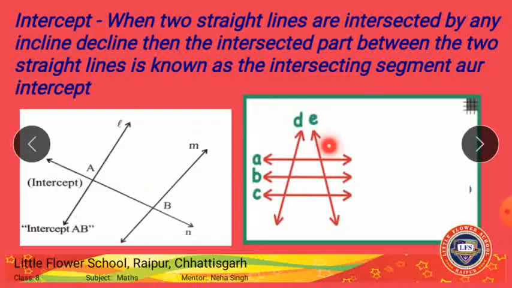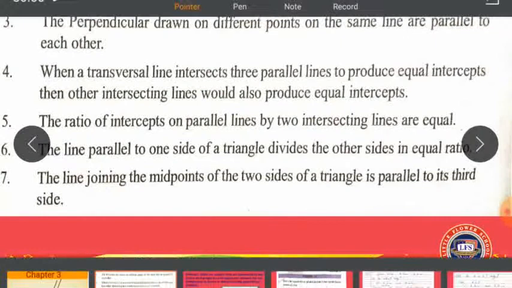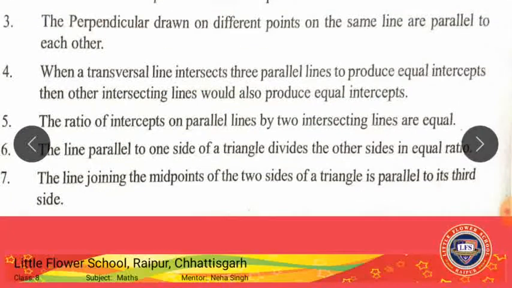The ratio of intercepts of E will also be the same. If the question says this ratio is 2:3, then the intercept ratio for transversal E will also be 2:3. The ratio of intercepts on parallel lines by two intersecting lines are equal. This also we have seen now.